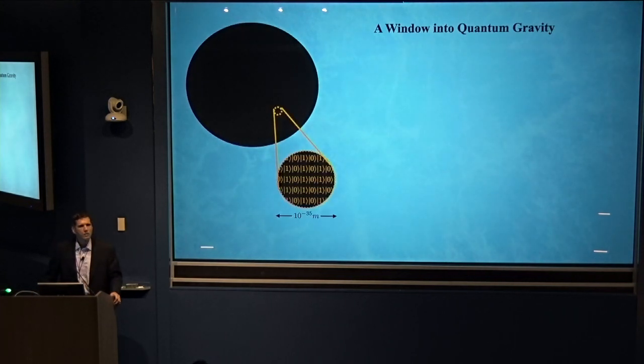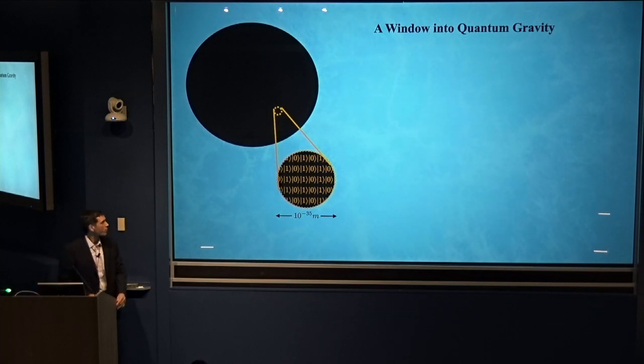Well, we think the interpretation of this is that the complexity must come from the quantum theory. So in Einstein's classical theory of gravity, black holes are featureless objects. But we think that in the quantum theory, they must be extremely complicated.